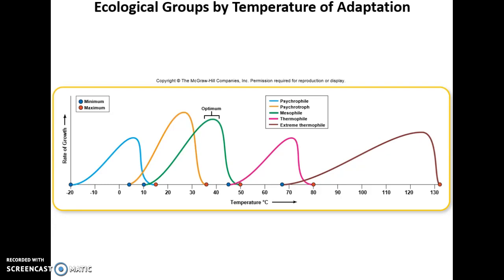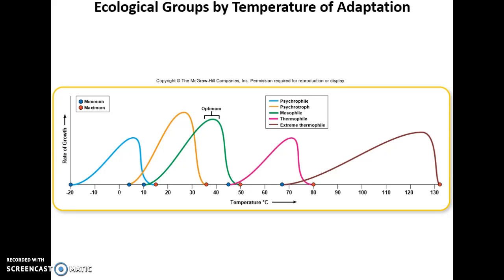The yellowish orange are going to be the psychrotrophs. And then the green are the mesophils. And the optimum growth there is going to be right at about 37 degrees Celsius. So that's going to be perfect for growth where? Growth in humans.